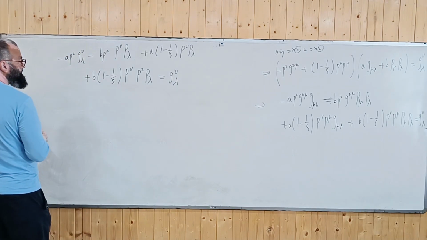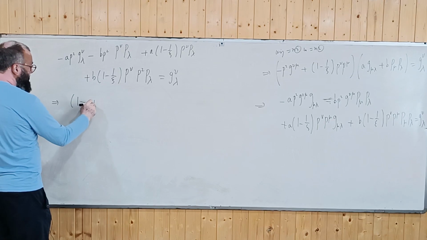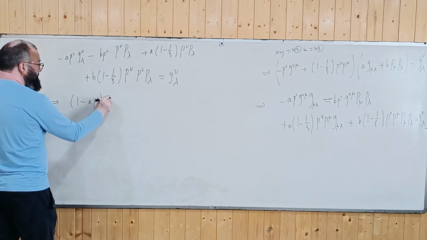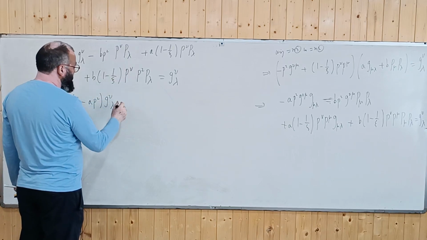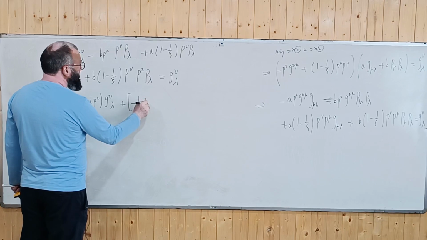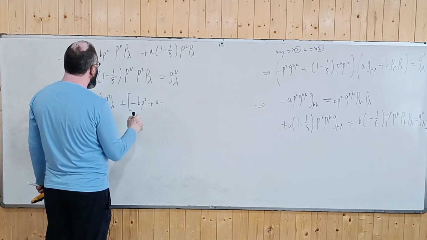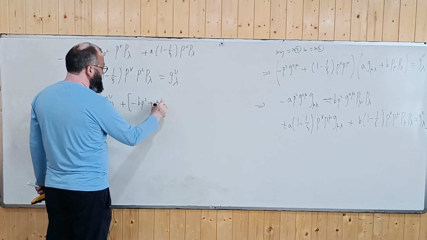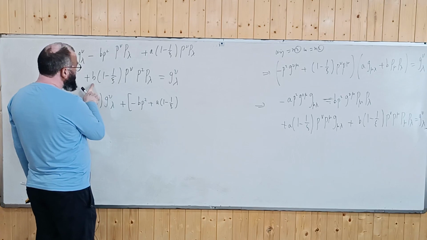So let's take g nu lambda on this side. So what am I getting? It's (1 minus a p squared) g nu lambda. Let me write this p nu p lambda term in this way: minus b p squared plus a into (1 minus 1 by zeta), then you are having this b.